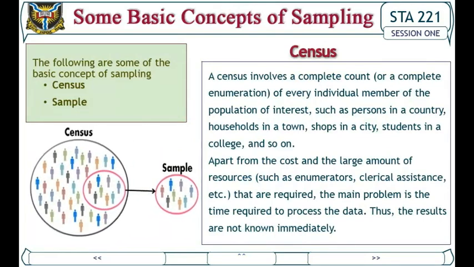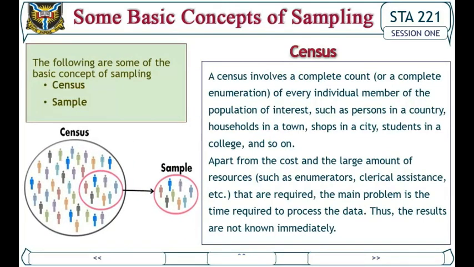Some basic concepts of sampling. The following are some of the basic concepts of sampling. Census. Sample. 1. Census. A census involves a complete count or a complete enumeration of every individual member of the population of interest, such as persons in a country, households in a town, shops in a city, students in a college, and so on.